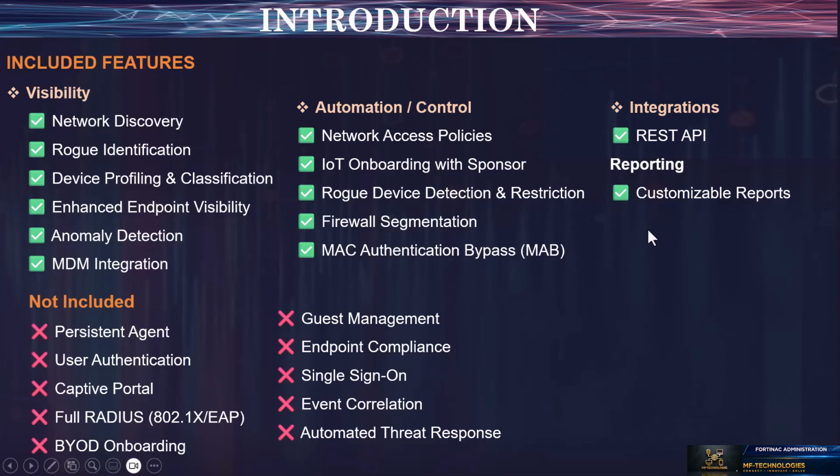We have a customized report. Not included are persistent agent, user authentication, captive portal, full RADIUS, bring your own device, guest management, endpoint compliance, single sign-on, event correlation, and automated threat response.